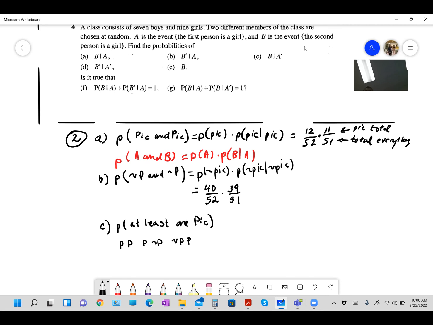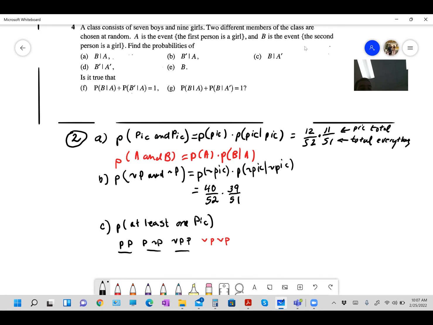Would these meet the criteria of at least one picture card? Now here's the thing. What's the only remaining possibility? Not picture card, not picture card. So only these meet that criteria, correct?